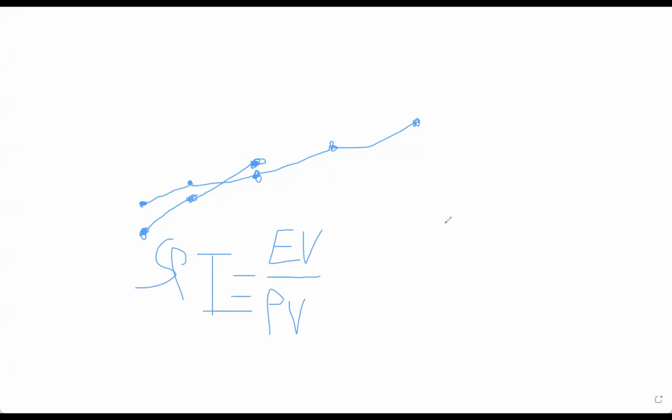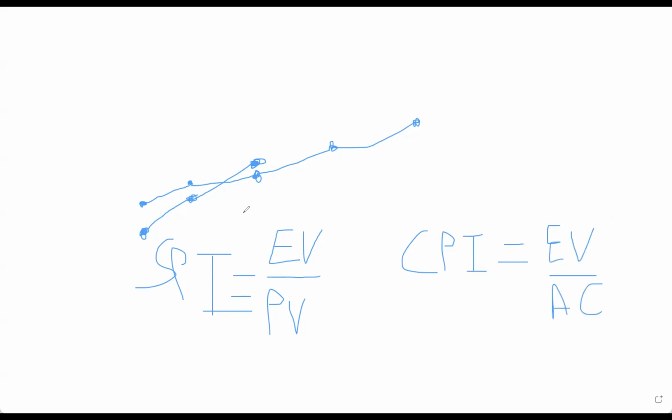And another one to compare the cost, we call it cost performance index. And that cost performance index equals my earned value divided by my actual cost.